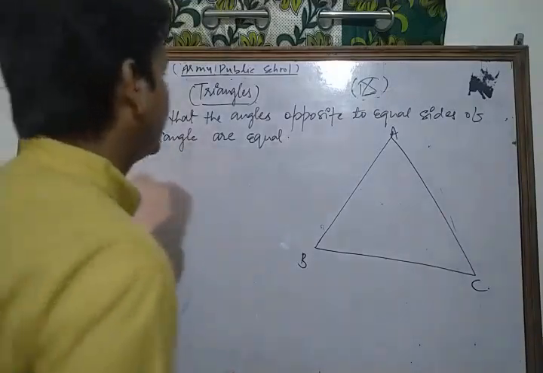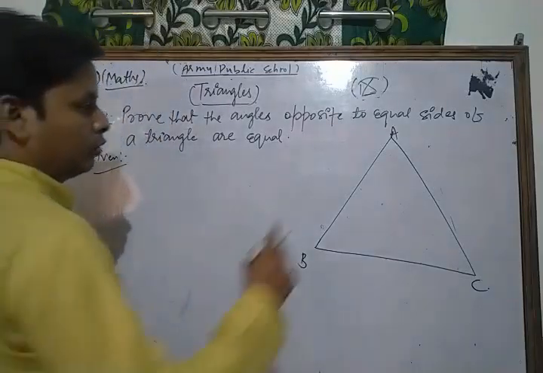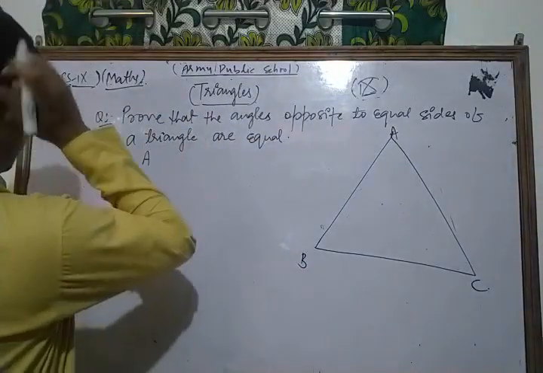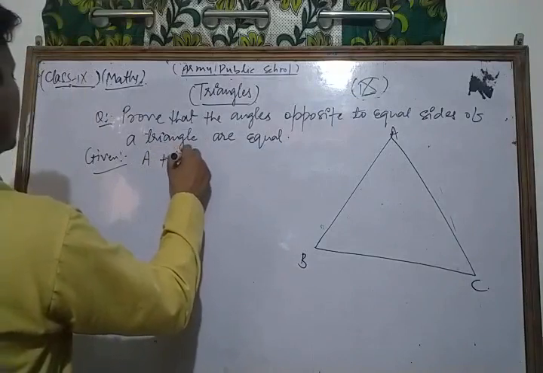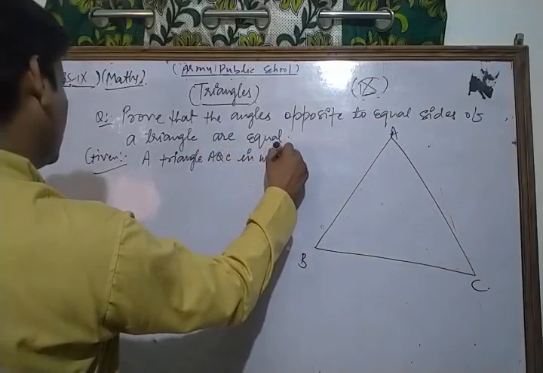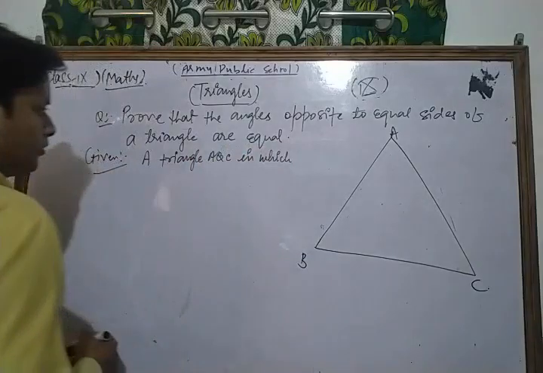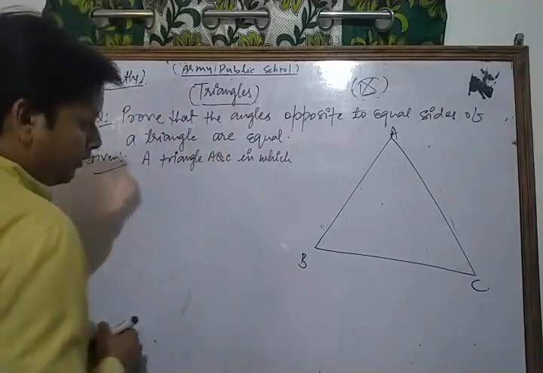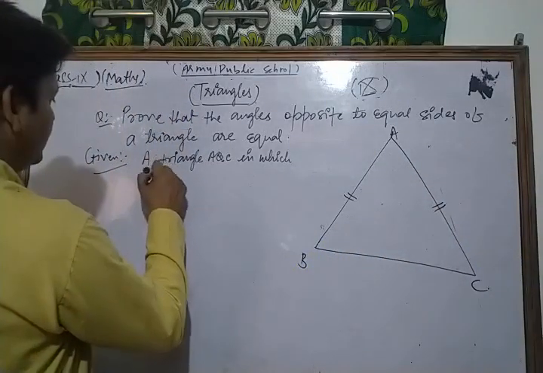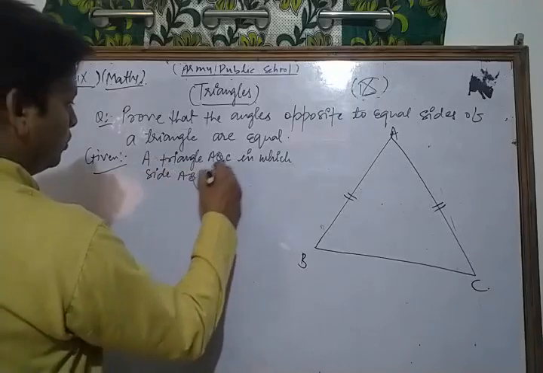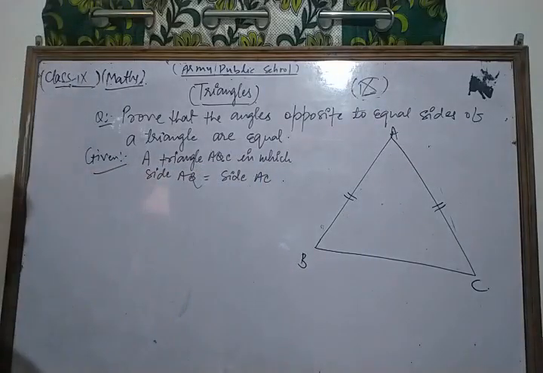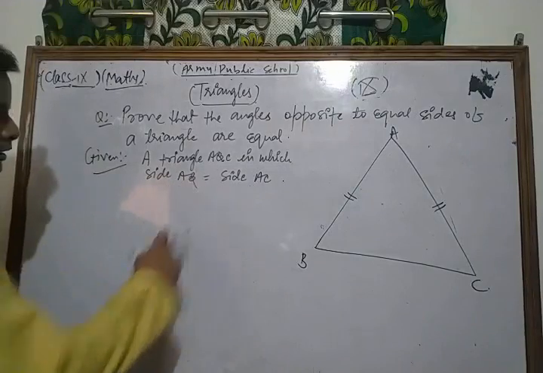So the given is: triangle ABC in which side AB is equal to side AC.